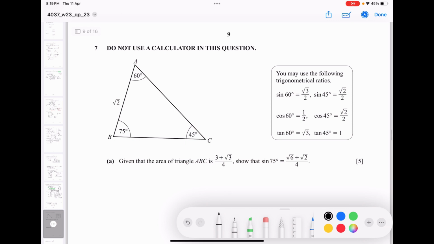This is question 7. Do not use a calculator in this question. Okay, some values are given. Cos 30, sin 45, cos 60, cos 45, tan 60, and tan 45.